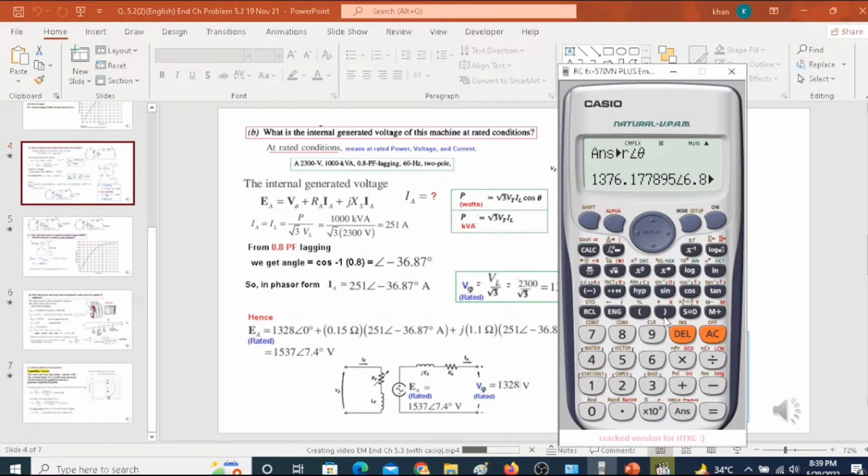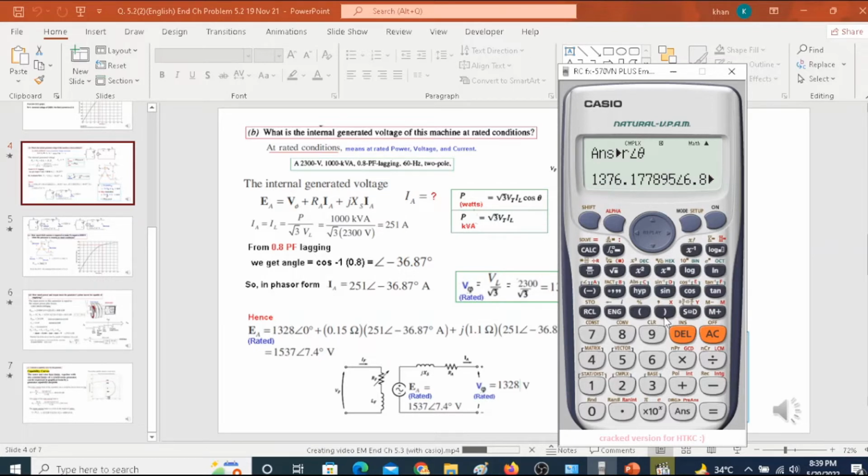Okay, so E_A generated at rated is the phase voltage V phi, plus the resistance given multiplied with the current, plus the reactance given multiplied with the current. And if you use your calculator in complex mode, in one simple step you can find the answer. If you don't know how, I have a video on this subject, so you can watch that video on how to use your calculator in complex mode.